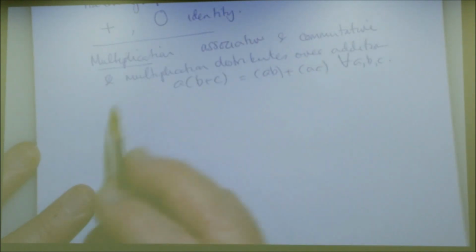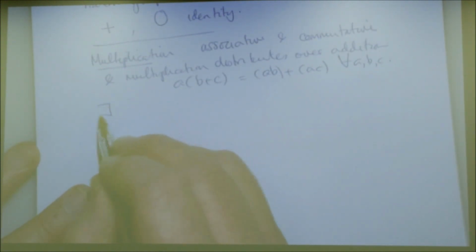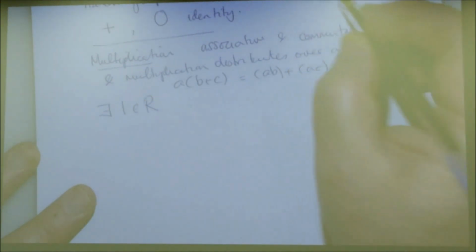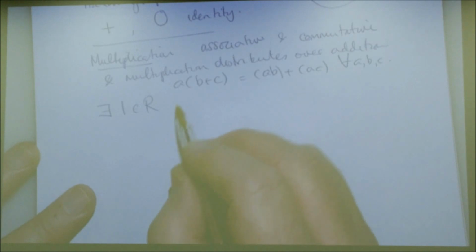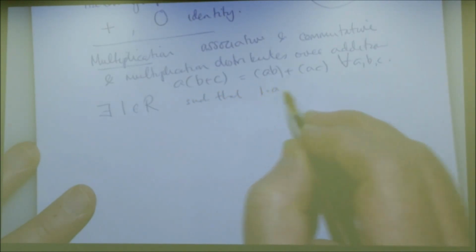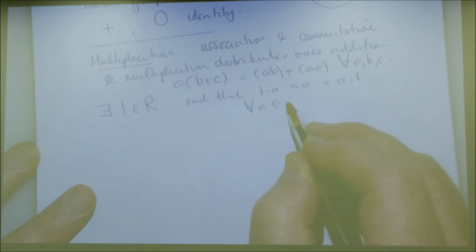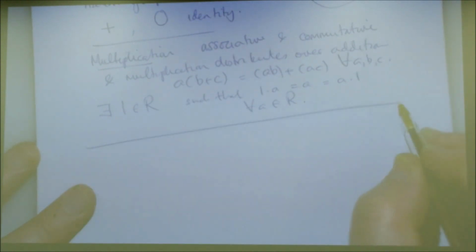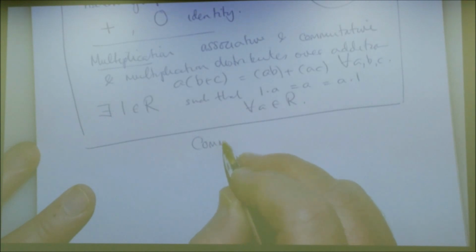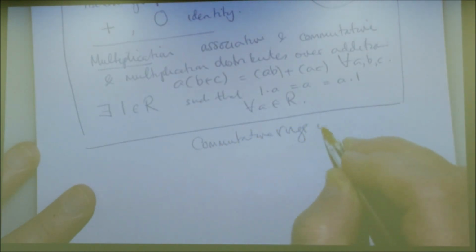Right. Yes, and again, this isn't universal, but for us, there exists one in R, we're in a ring R. There exists one in R such that 1 times A is equal to A is equal to A times 1 for all A in the ring. Okay, so that's what our beasts are. These are commutative rings with 1, which I'm just calling a ring.